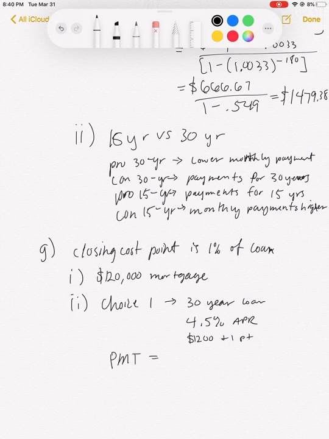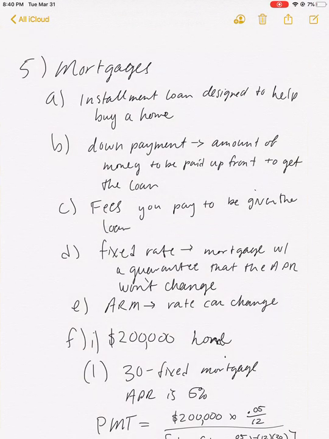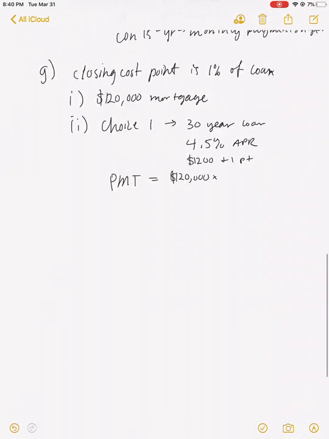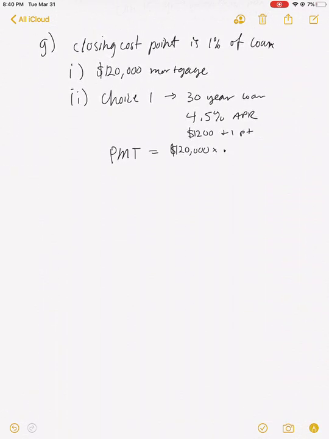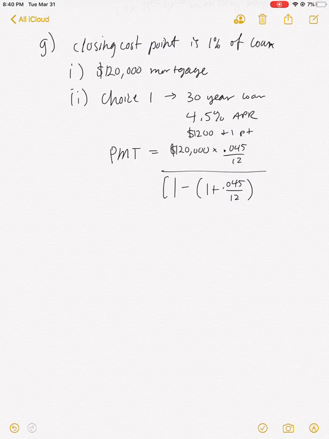Okay, so let's calculate our payment. The payment is equal to $120,000 times 0.045 over 12 divided by 1 subtract 1 plus 0.045 over 12, to the negative n, which is 12 times 30 years, because it's a 30-year loan.